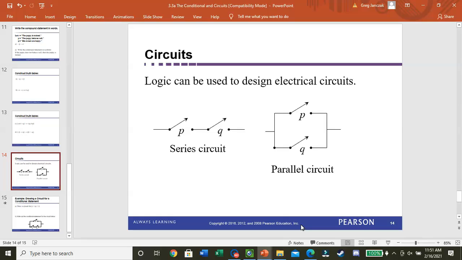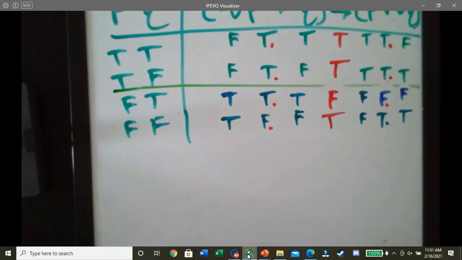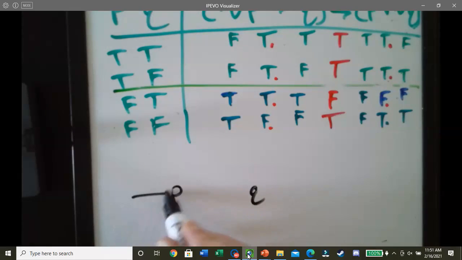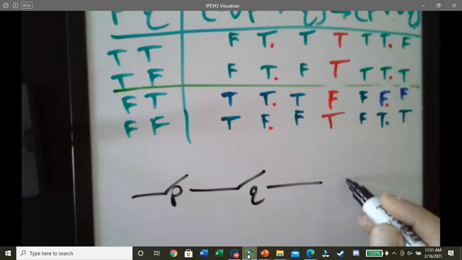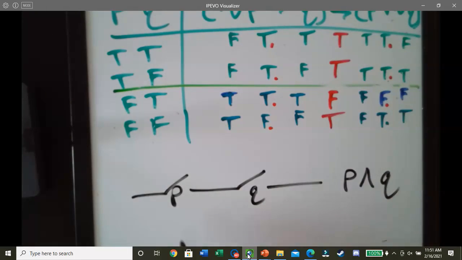So we're saying here that with P, Q, this would be the same thing as if we said P and Q, because both of them would have to be closed if you had a battery here, right?